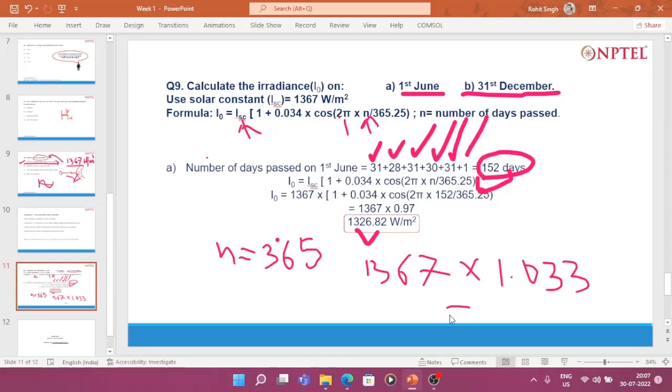So that is equal to 1413. The unit is watt per meter square.